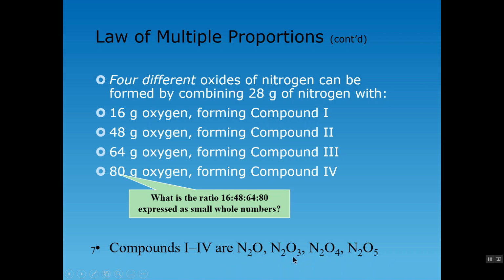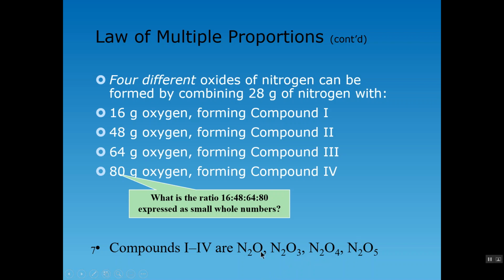And if you were to compare each of these, you'll notice that each of them has 2 atoms of nitrogen, but what is different between them is the number of oxygen atoms per molecule, right? And if you look at the mass ratio of the oxygens in each of these cases, where the mass of the nitrogen in each case is the same, the ratio would be parallel to the ratio of the oxygens when you compare all these 4 compounds, right?